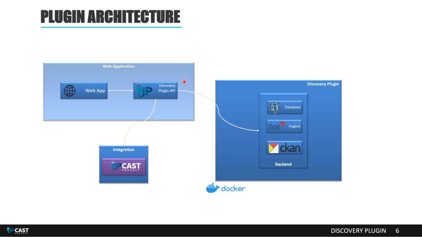We assume that any web application, like for example a data sharing platform or an internal portal perhaps of the company, that we call the web app here, can connect to the Discovery plugin through the Discovery plugin API. This API also enables integration with other parts of the UPCAST project.